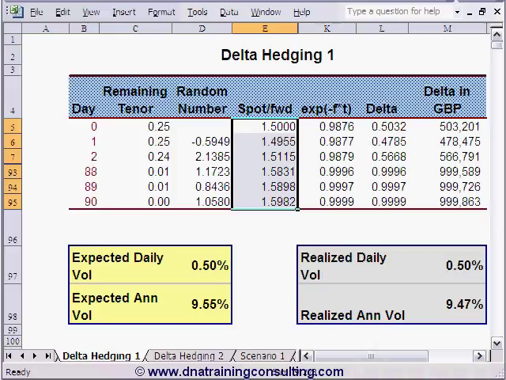And the average, if you try several dozen simulations, should certainly turn out to be very close indeed to 0.5.